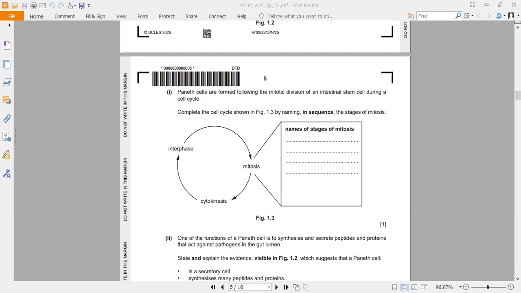The different stages of mitosis are prophase, metaphase, anaphase, and the fourth one is telophase.